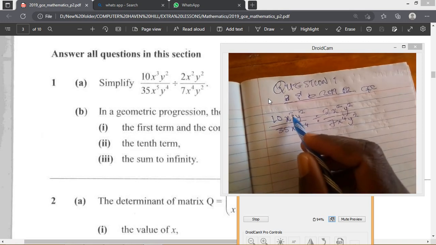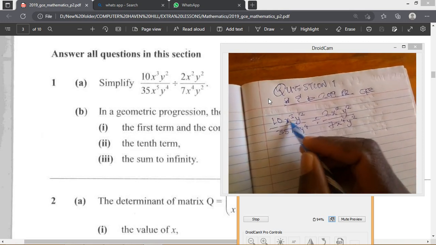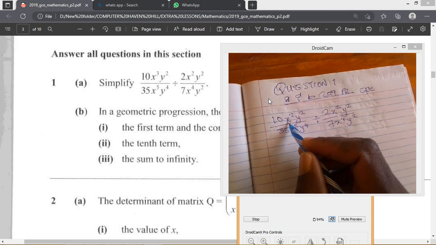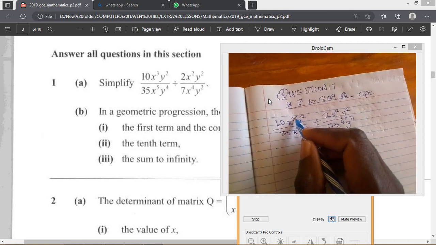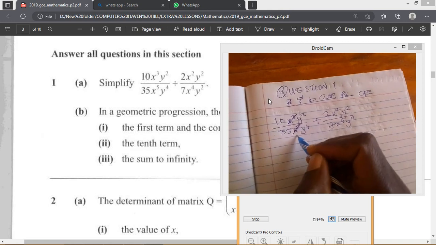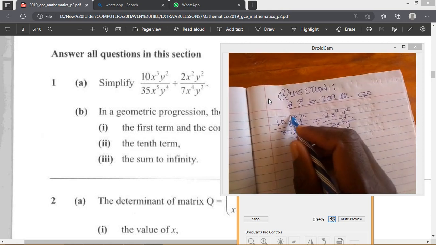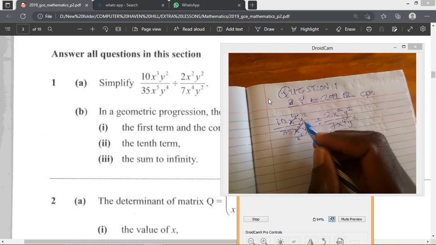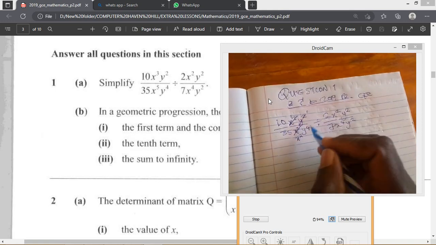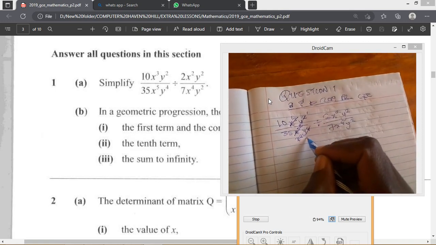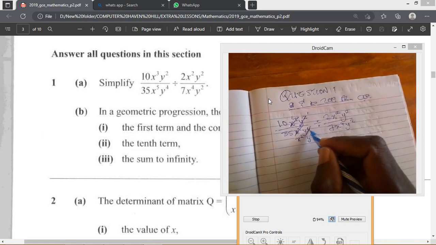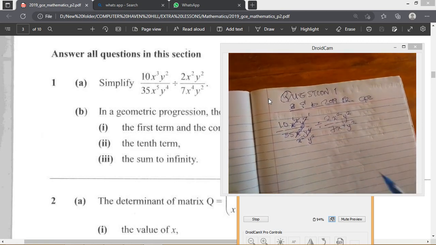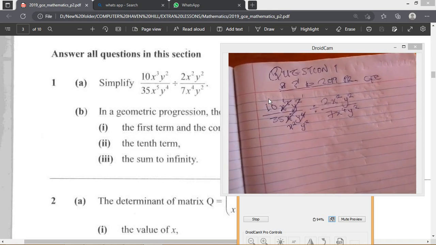What you have here is x^3 and x^5. Think of these as the same bases, and these are the powers. So 3 minus 5, we remain with x^2 in the denominator; on top there is going to be 1. Then y remains with power 2, because we subtract 4 minus 2. That's what we are doing at this point.